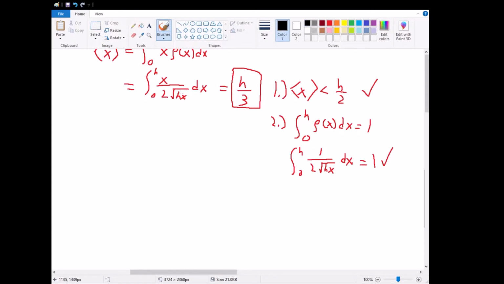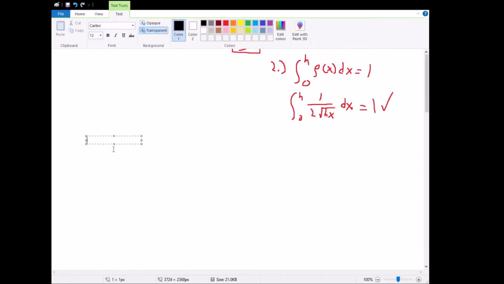Now, another thing that we can do is graph our probability density function to get an idea of what the probabilities look like. So we can graph rho of x to see what the density looks like.